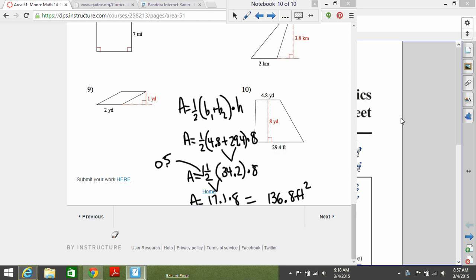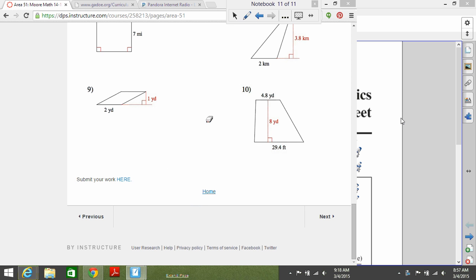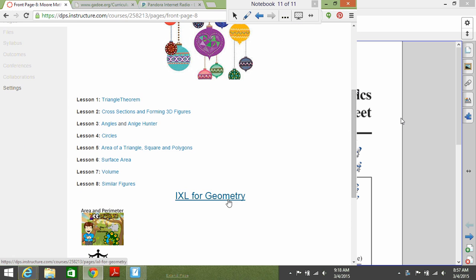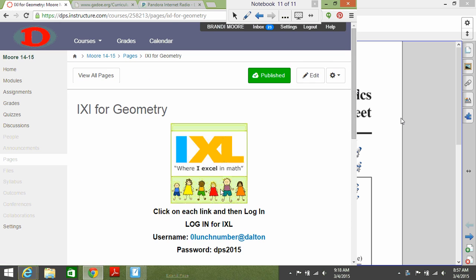Alright, at this time, here's what you need to do. Go ahead and hit the home button at the bottom right here. Alright, still for geometry.